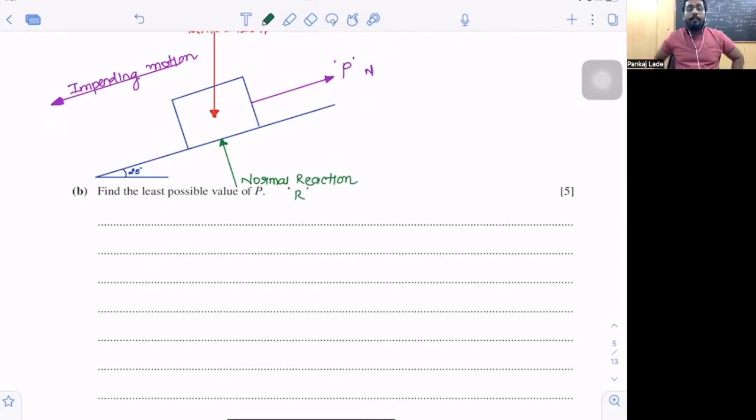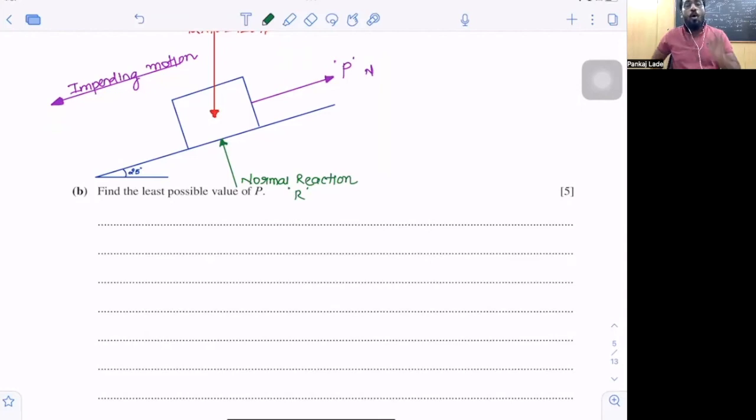Now, where is the impending motion of the block? So the block is trying to go in the downward direction, right? If the block is trying to go in the downward direction, the frictional force will be applied in which direction? See, the force P is not pulling the block upwards. The block is going down. If the block is going down, friction will always be in the opposite direction.